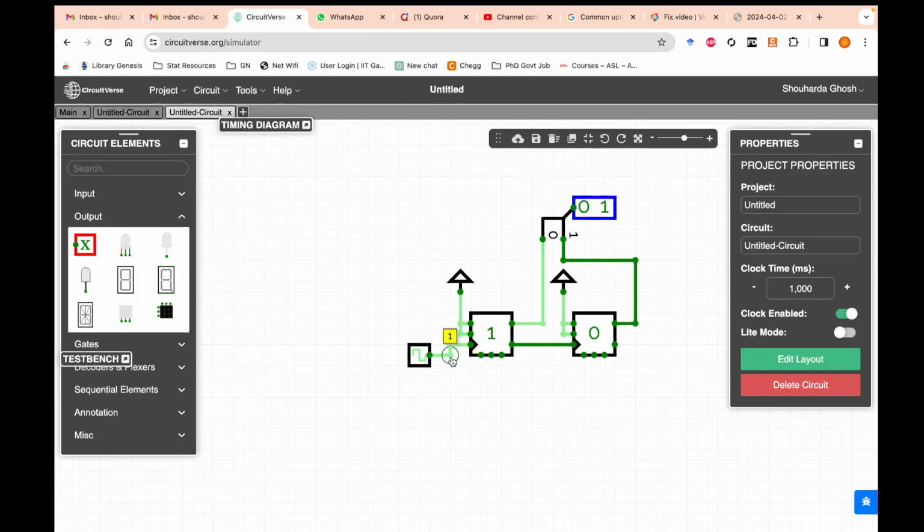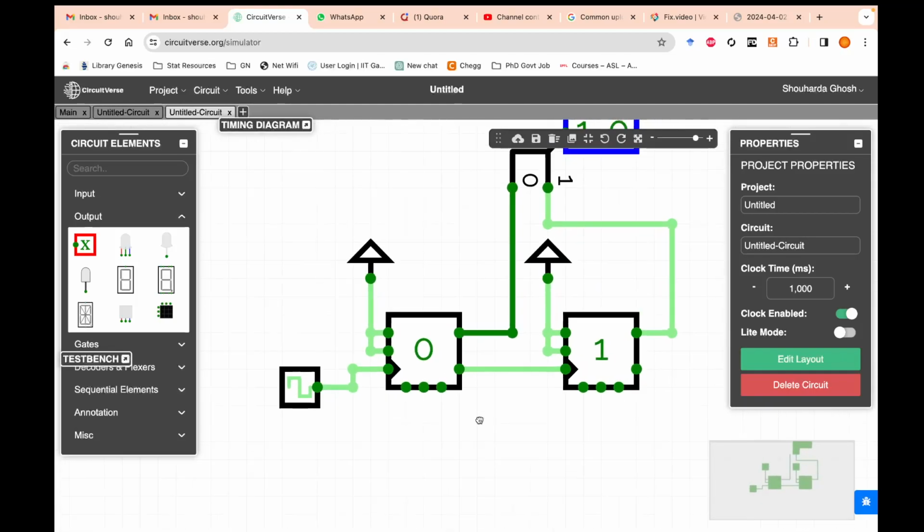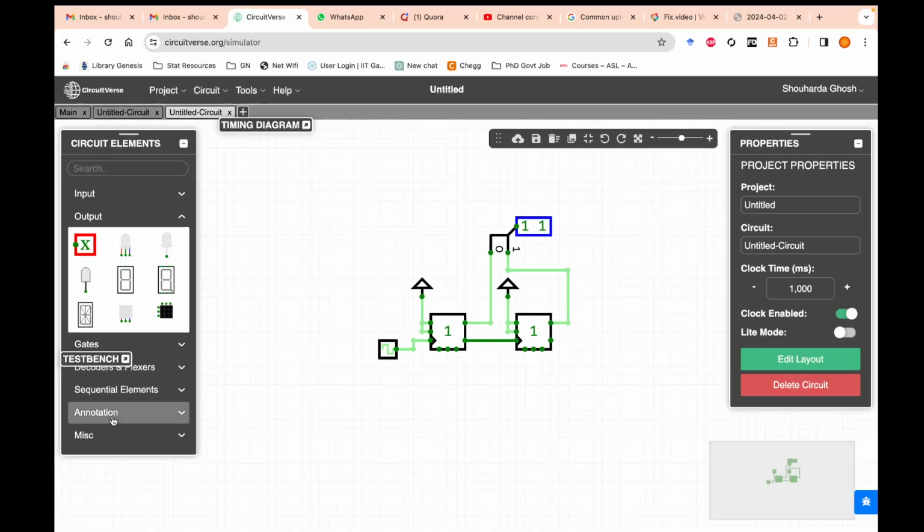And because it is asynchronous, the same clock is not driving all the flip-flops. It's called an asynchronous system. And it's using 2 bits, 2 flip-flops, so we call it in totality a 2-bit asynchronous up counter. Now let me try to show you the waveforms.